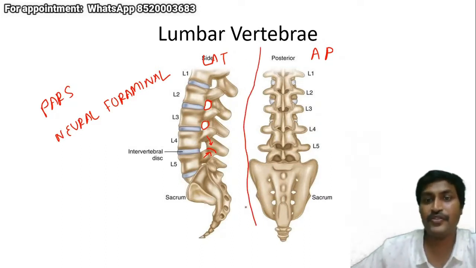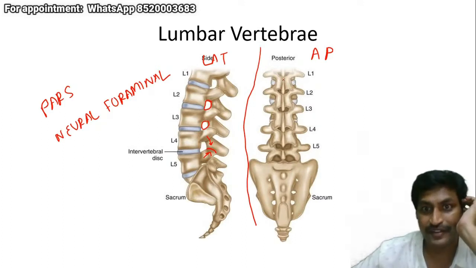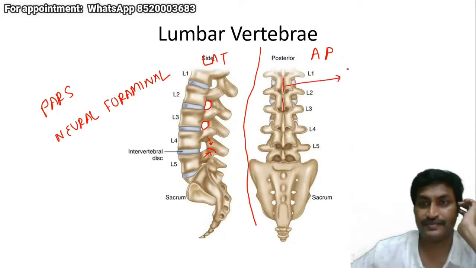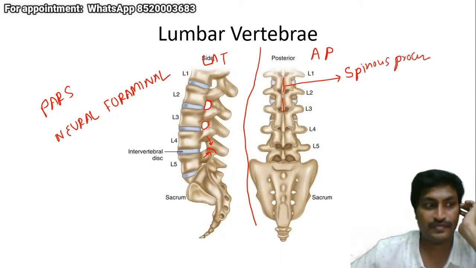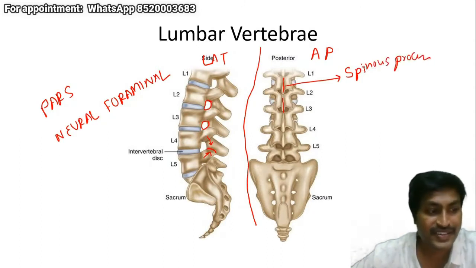So now coming to the AP view. In AP view, there are few structures which you will have to identify. One, this structure which is seen in the midline. What is this? This is the spinous process. Okay, the spinous process is exactly in the midline.